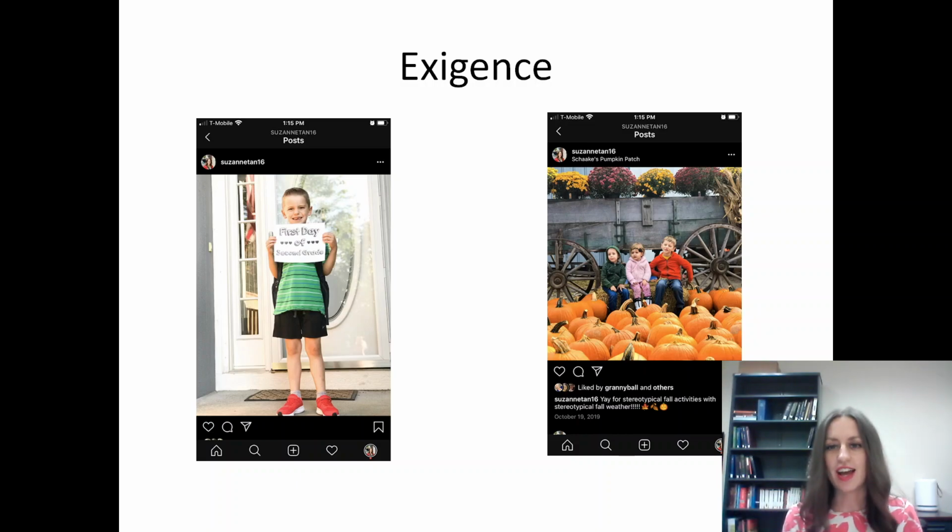But again, I'm not going to post this picture in July, right? The timing has passed. The moment is gone. There is no need to create this post in July with a picture that's 7 months out of date, or even longer than that, right? Like half a year out of date. Okay, so I hope that helped you understand exigence.